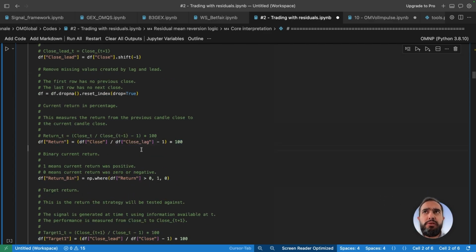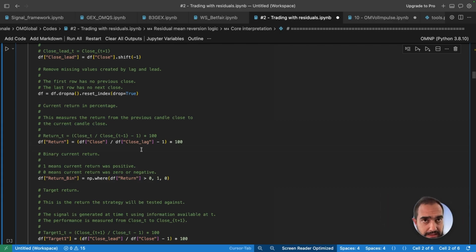Then we just calculate a very simple percentage. By the way, the returns here will not be compounding. I will be assuming in the calculations that each one of the trades is independent, following the same amount, the same size of position, without any compounding of your account.